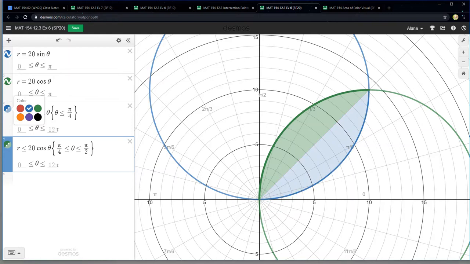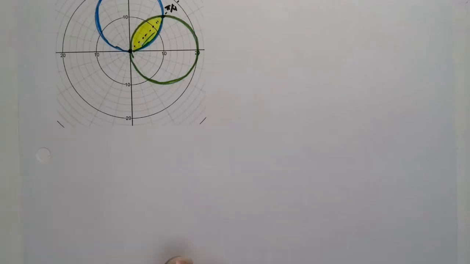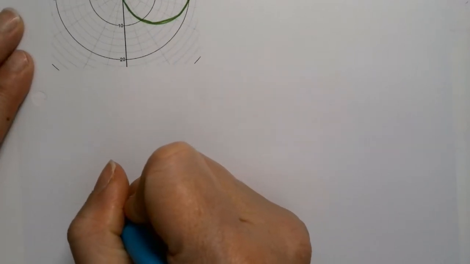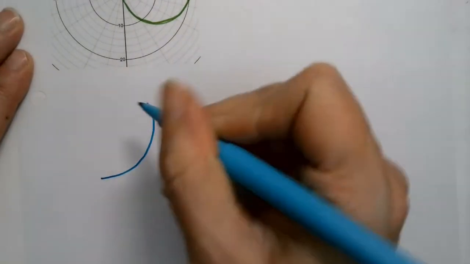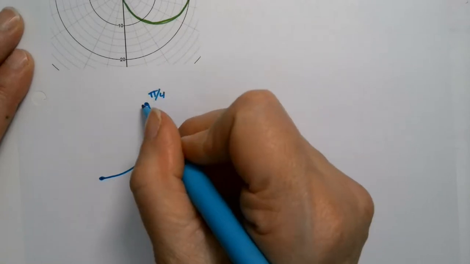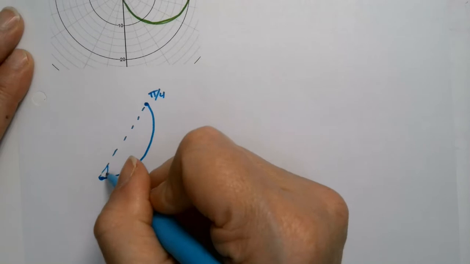So if I want to find the area of the region altogether, then what I need to do is find the area of each of those two separate regions and add them up. Or I could be crafty about it, but give me 1 second. Okay, so if I draw that tear shape one more time, closer for myself, from 0 to pi over 4 would get me this region.